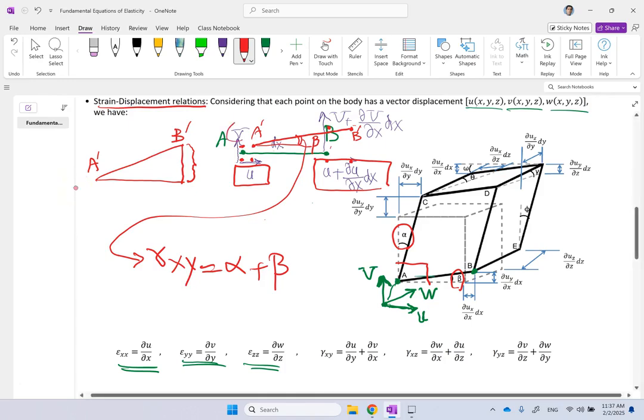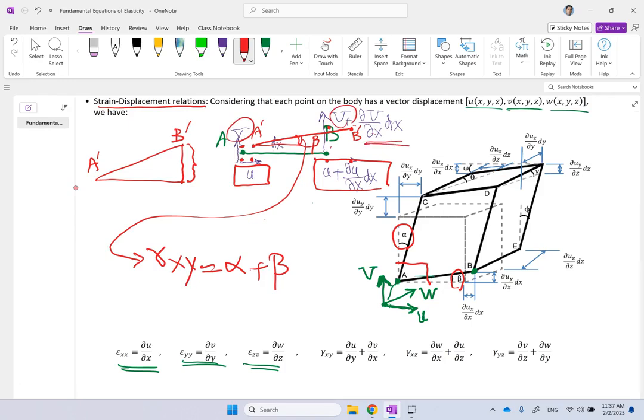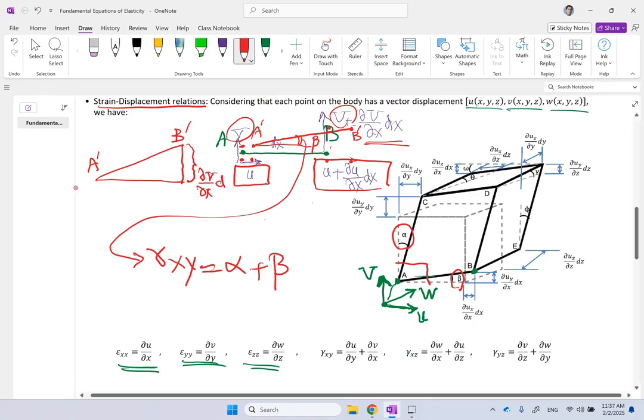Well, this point moved by v, the other point moved by v plus this partial. So the length that B moved further up is partial of v with respect to x dx. That is how much B moved further up compared to A. Agreed?